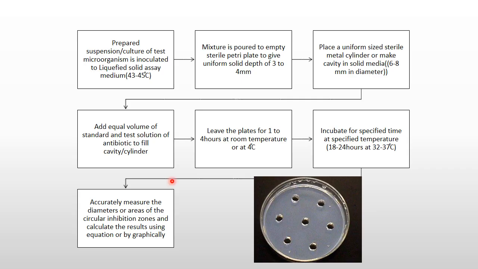So this is the method of doing the antimicrobial assay in the cup plate method. The first step: a prepared suspension or culture of the test microorganism is inoculated into liquefied solid assay medium at 43 to 45 degrees Celsius, or first add the assay medium into the Petri plate and allow it to solidify, then add the inoculum to the surface of the agar medium by the spread plate technique.